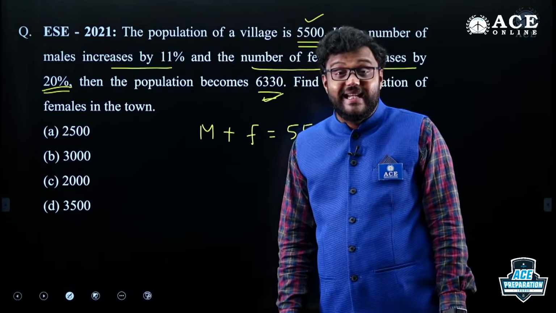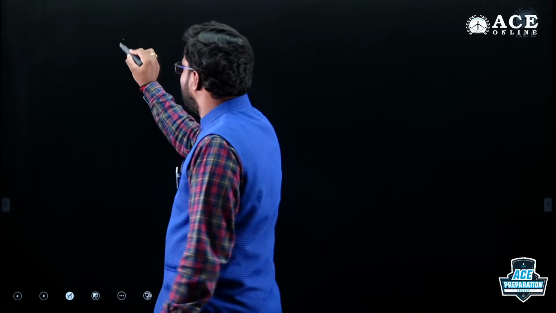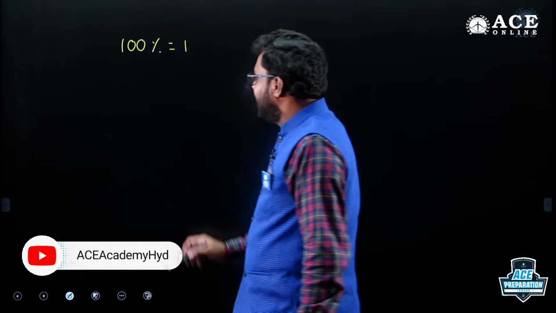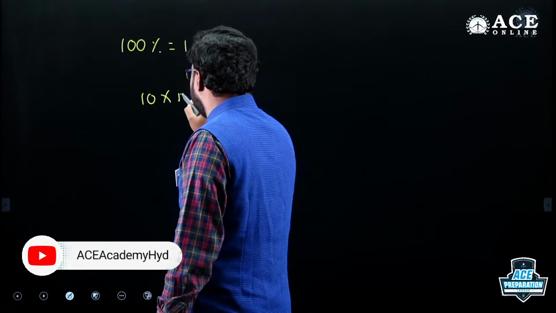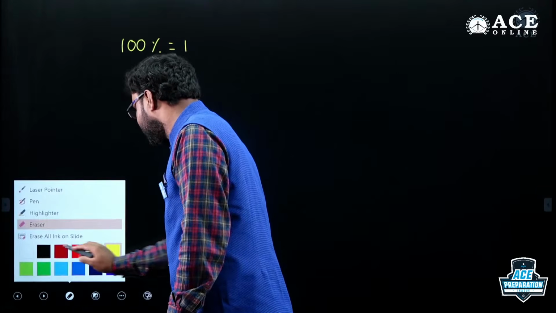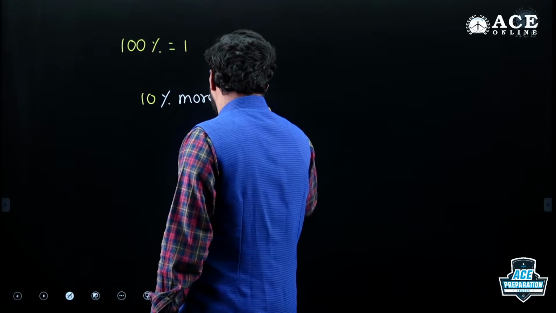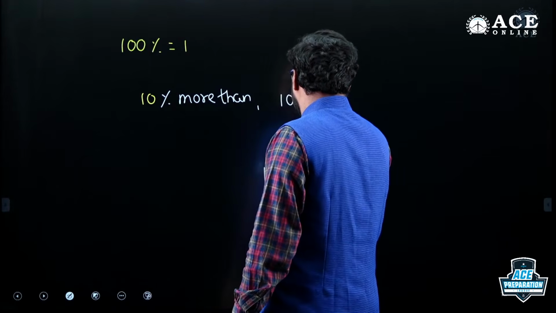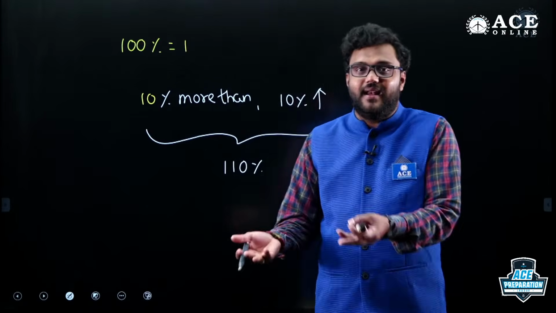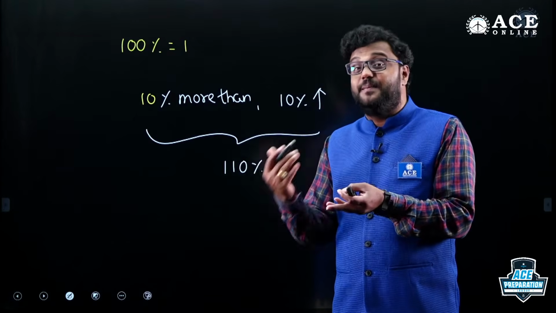Now, males increased by 11%. If it is a 10% increase, see my dear friends, 100% means 1. If they mention in the question 10% more than, or 10% increase, then automatically we go with 110%. Why? Because 100% means same, 1, both are equal, A equal to B. But if A is 10% more than B, we have to write A as 110%.